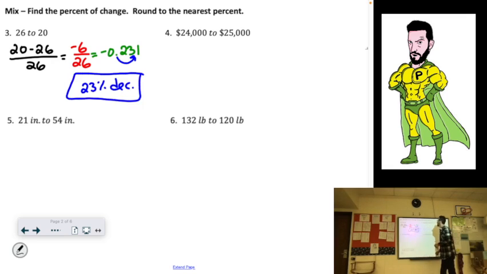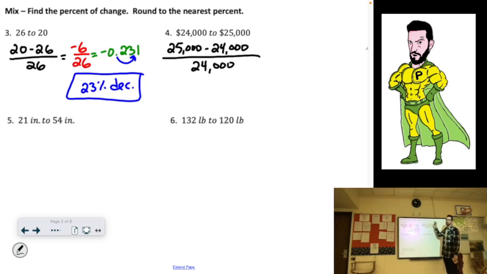All right, second one, 24,000 to 25,000. The new amount is the 25,000. Our old amount was 24,000. Now, since this is all dealing in thousands, in theory, you could just do 25 minus 24 over 24, and it would work out the same. So 25,000 minus 24,000 is 1,000 divided by 24,000.